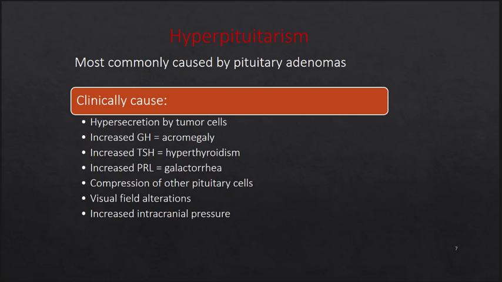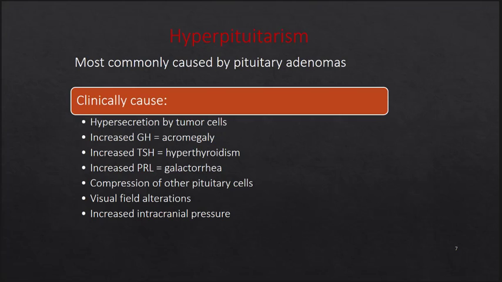Now, because there are many different cells within the anterior pituitary gland that produce different hormones, which cell type is affected by a pituitary adenoma will determine which hormone production will be affected as well. But what's interesting to note is that if you have a benign tumor such as a pituitary adenoma that affects one particular cell type, it can cause hypersecretion of that particular cell type.